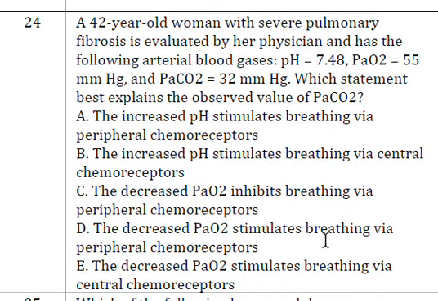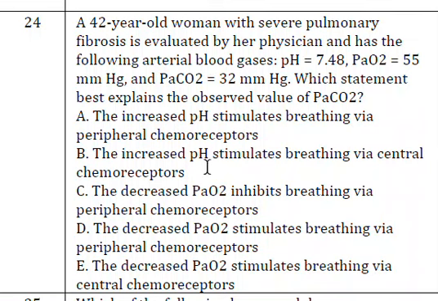And the 24th question. A 42-year-old woman with severe pulmonary fibrosis is evaluated by her physician and has the following arterial blood gases: pH 7.48, PaO2 55 mmHg, and PaCO2 32 mmHg. Which statement best explains the observed value of PaCO2? A. The increased pH stimulates breathing via peripheral chemoreceptors.